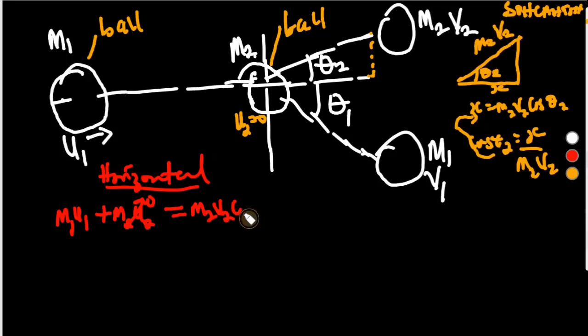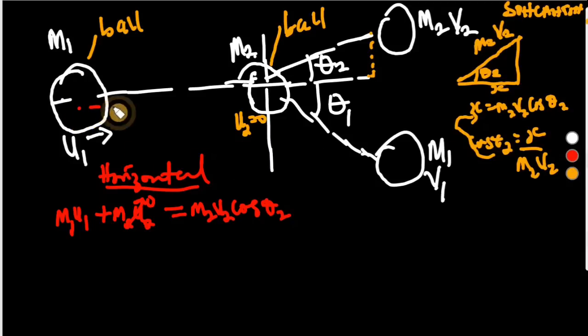m2v2 cos theta 2. Since we are considering horizontal motion, we take this side as positive and the opposite side as negative. So we can take our axis here.